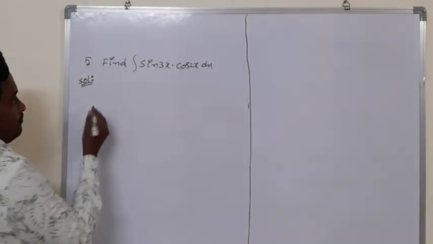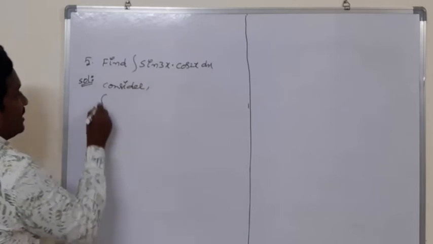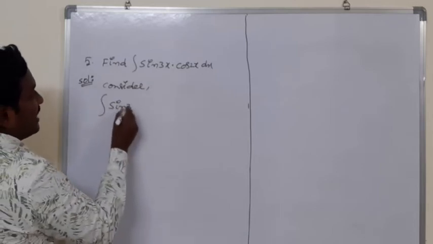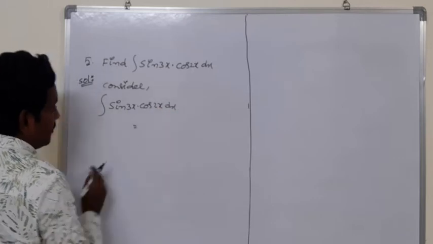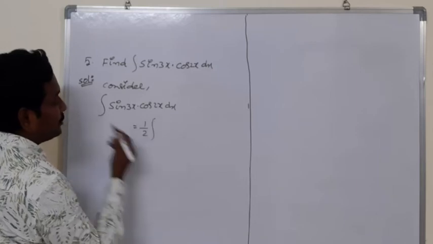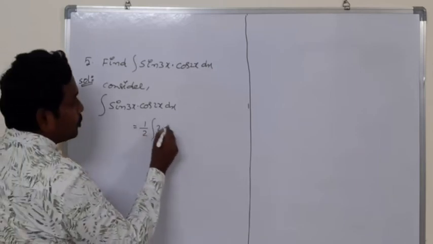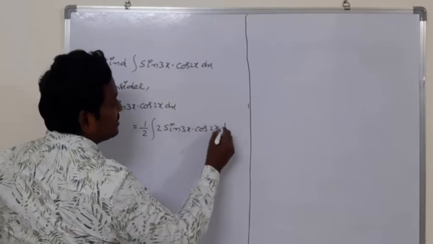So in this case, we are unable to apply linear property. So consider the given problem once. Integration of sin 3x into cos 2x dx is equal to, first I will multiply with 2 and divide with 2. So you will get 1 by 2 into 2 sin 3x into cos 2x dx.